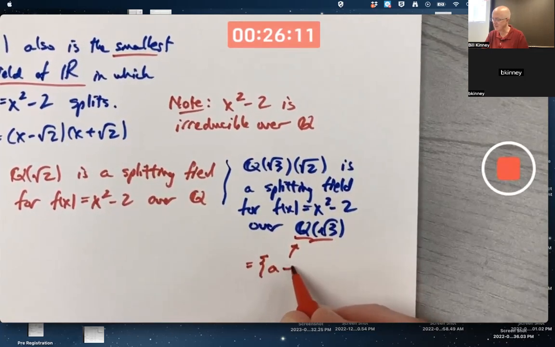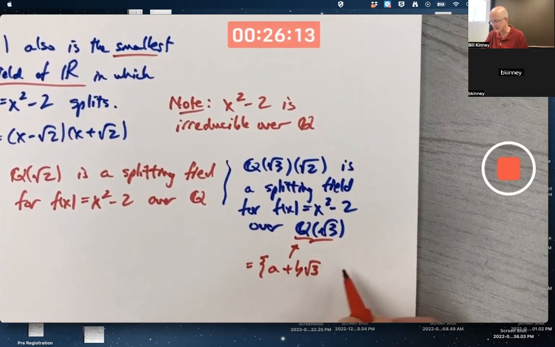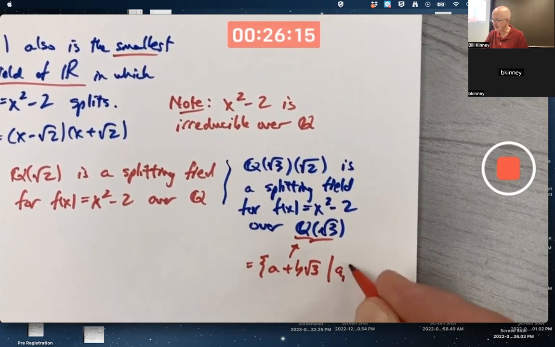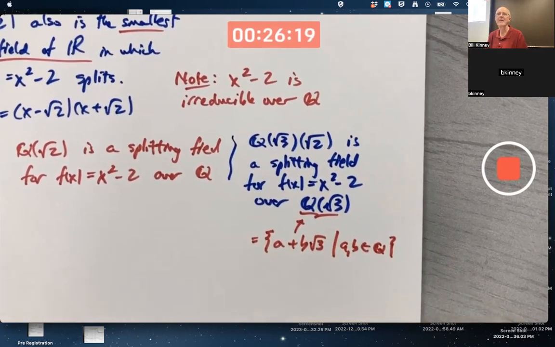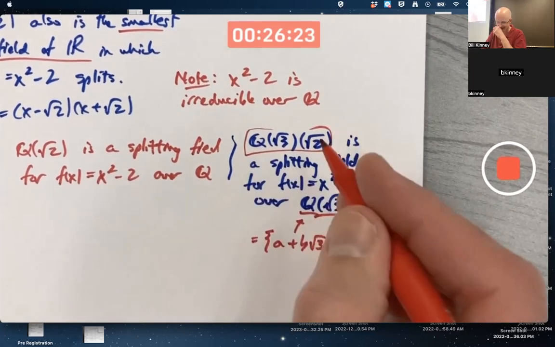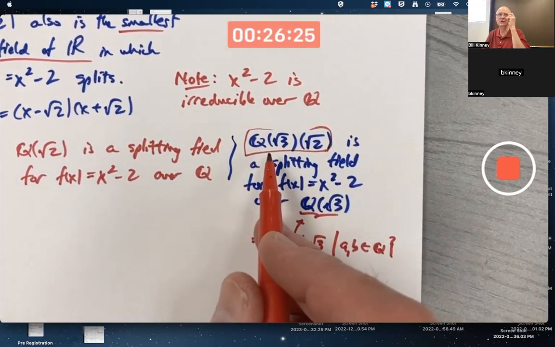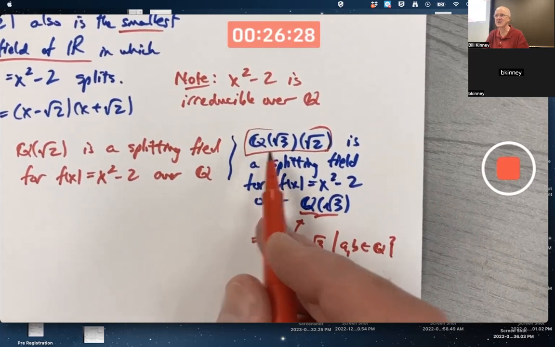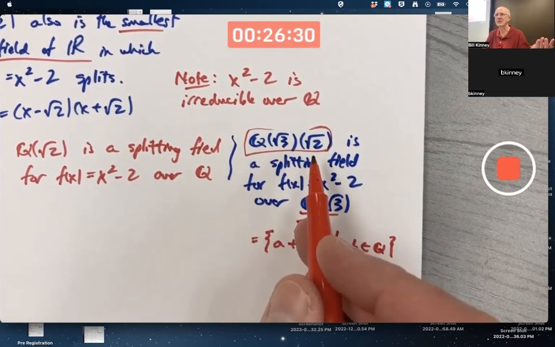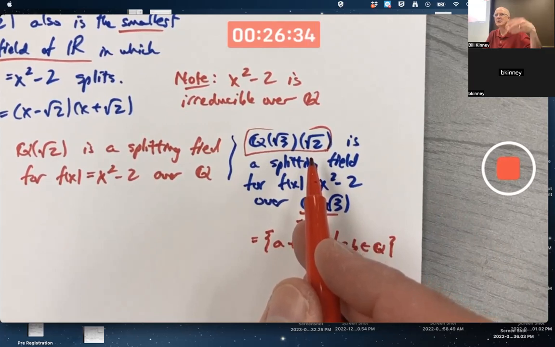It would be the set of all numbers of the form a plus b square root of 3, where a and b are rationals again. But what does that mean about this thing? So it's not clear. This is a two-step process. Take the rationals, adjoin square root of 3, and then adjoin square root of 2. It's a two-step process.